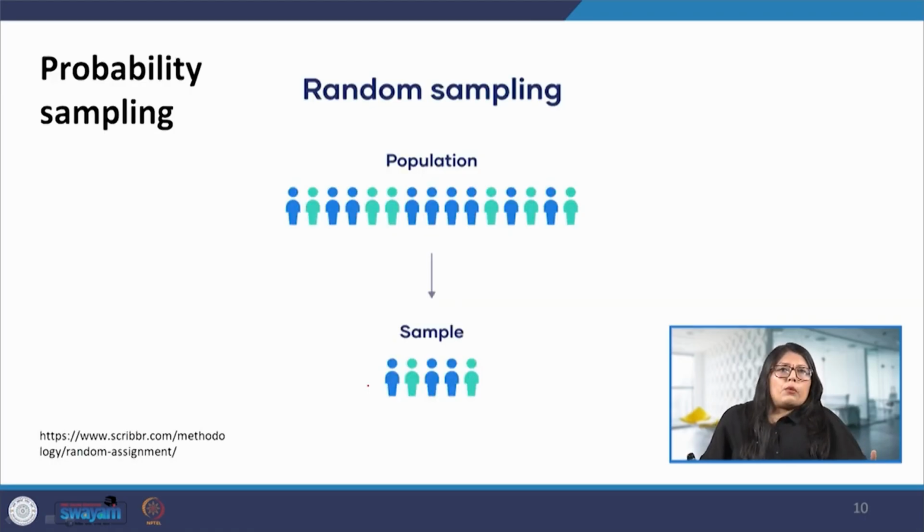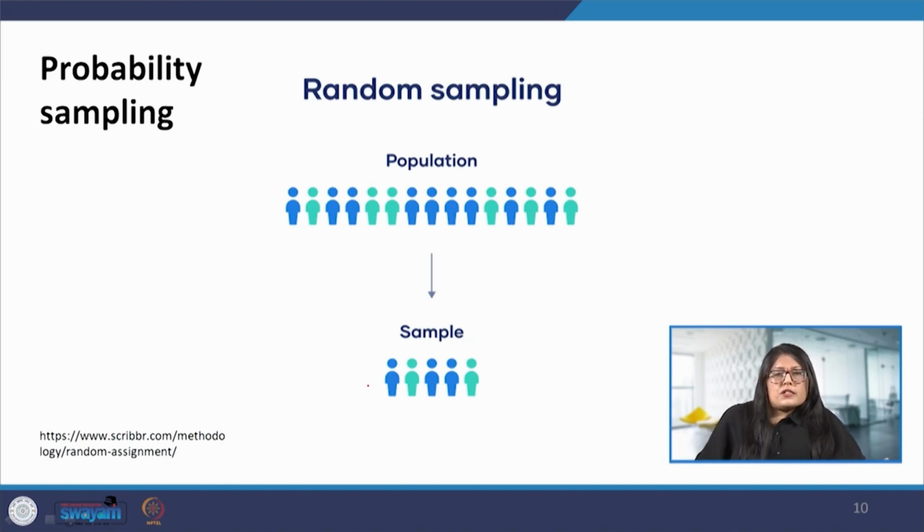The first probability sampling technique is simple random sampling. In this method, every member of the population has an equal chance of being included in the study. The sampling frame should include the overall population, and to conduct this type of sampling we can use tools like random number generators or some other methods.